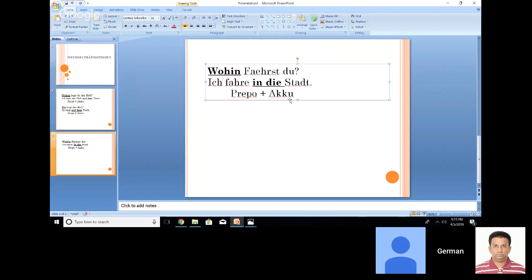In this sentence as well, there is a doer involved. I am the doer. I am traveling to the city. I am performing an action. I am traveling in the course of time. That's why it is accusative and the Stadt remains the same in accusative. The wechsel preposition over here is in. But because it is answering the question wohin, there is an action involved. That's why it takes the accusative case.